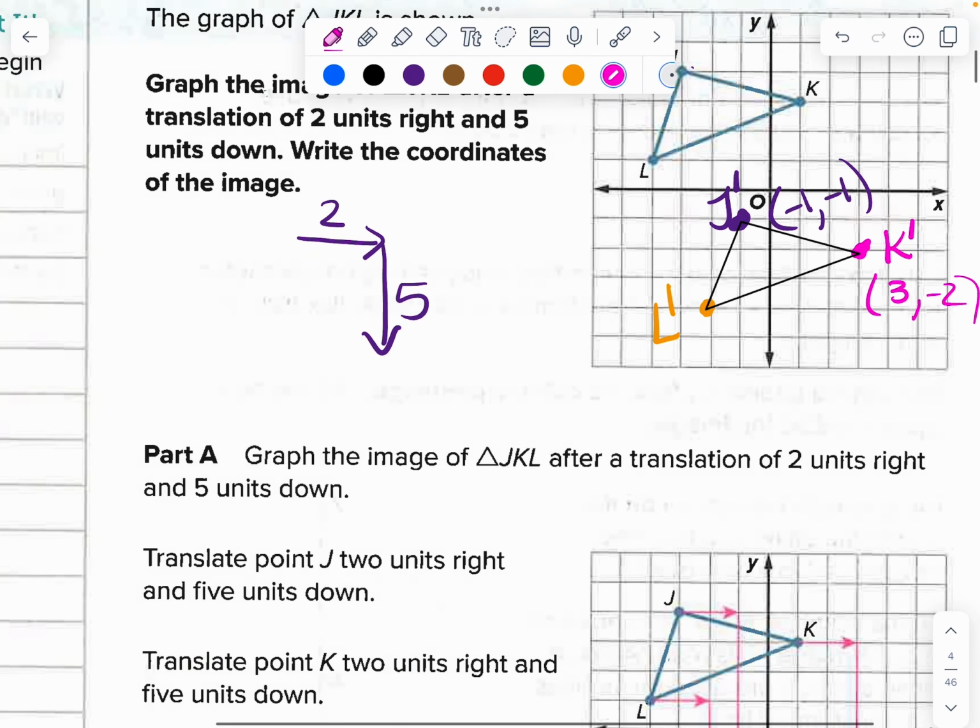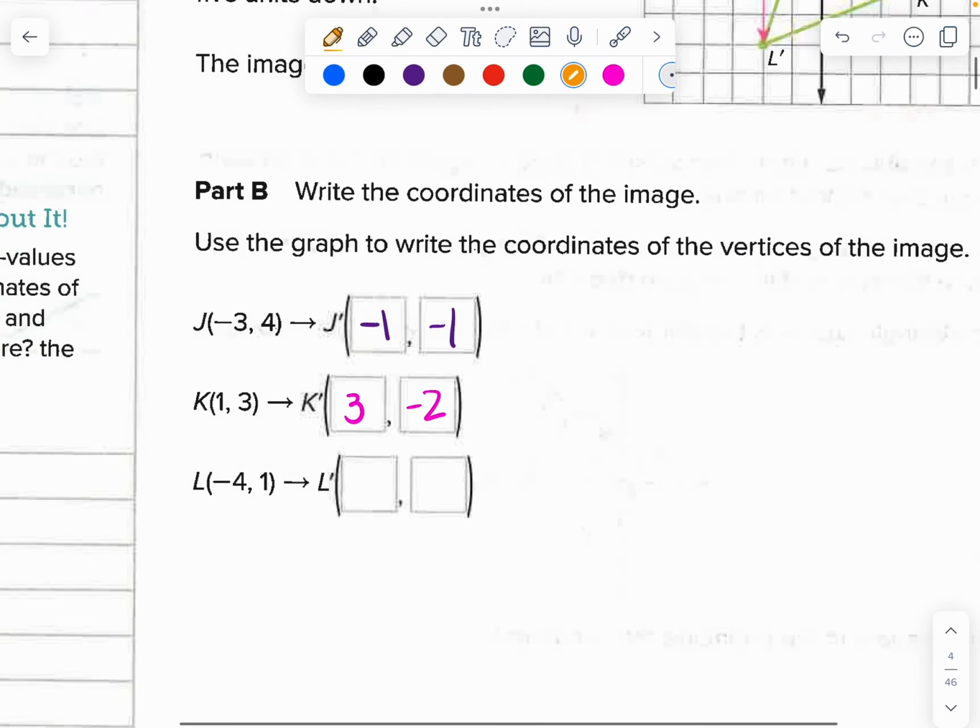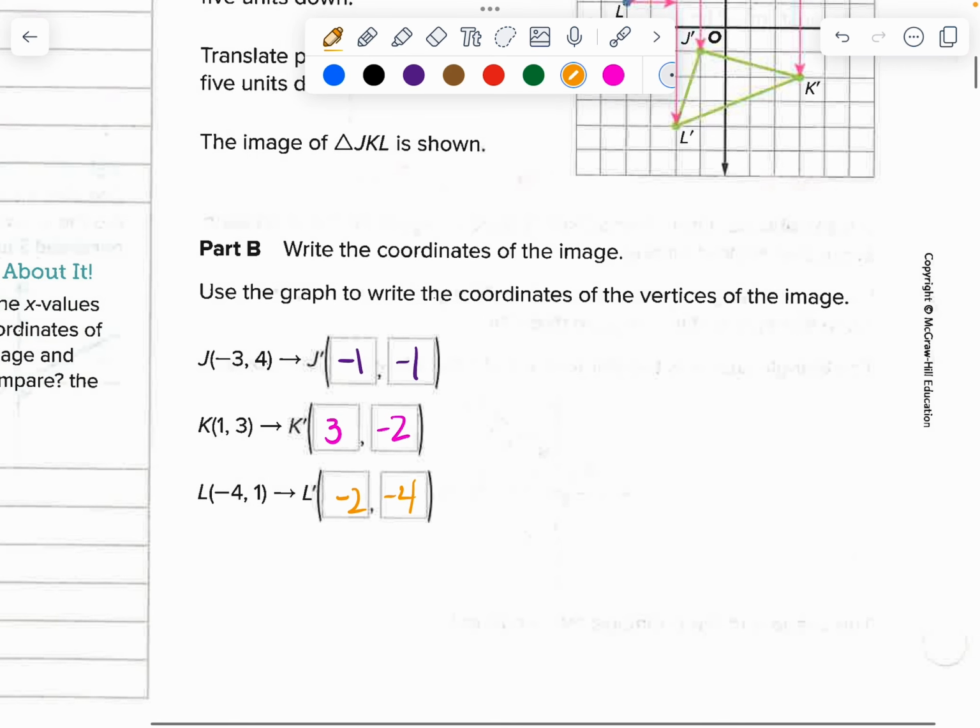Okay, and last but certainly not least is -2, -4.